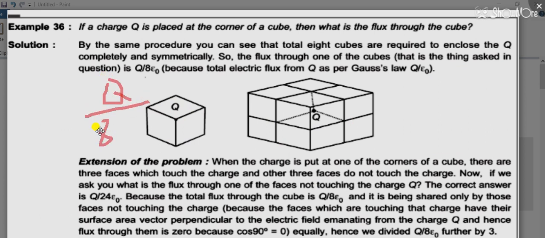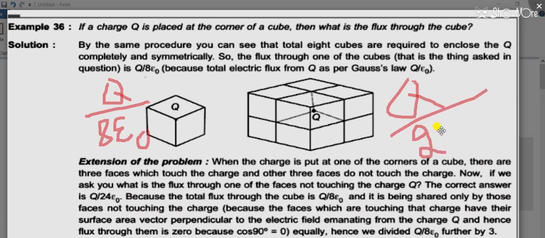Q by 8 epsilon naught is the answer for this cube, and q by 24 epsilon naught is the answer for one face. So I again repeat, this is the answer for the whole cube, and this is the flux linked with one face.